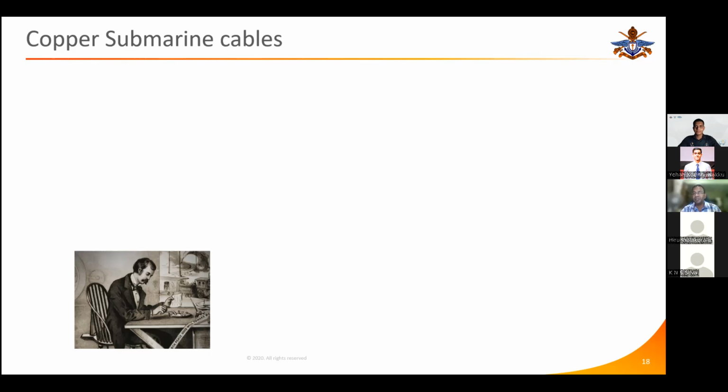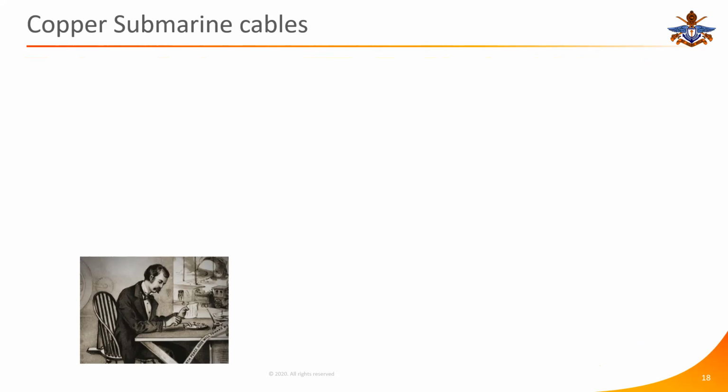And most of the tech giants are based in these countries. Most of the data centers are based in these countries. So that's why most of the cables are between USA and Europe.